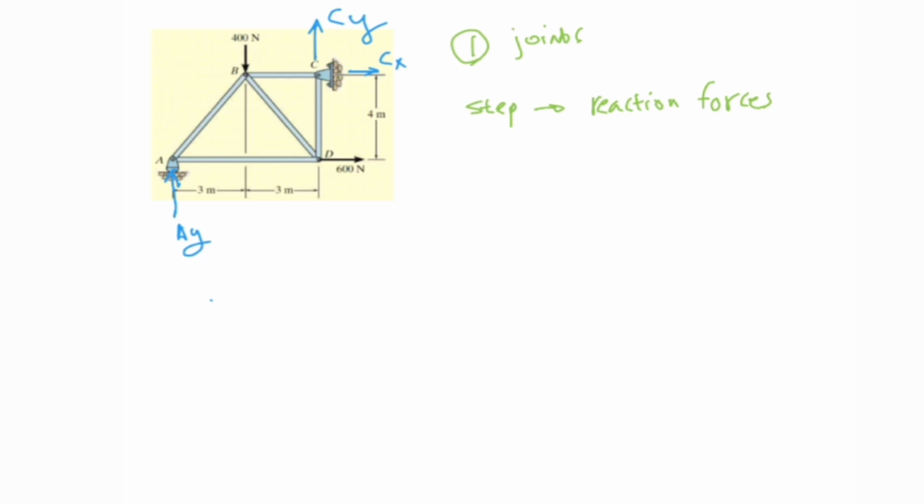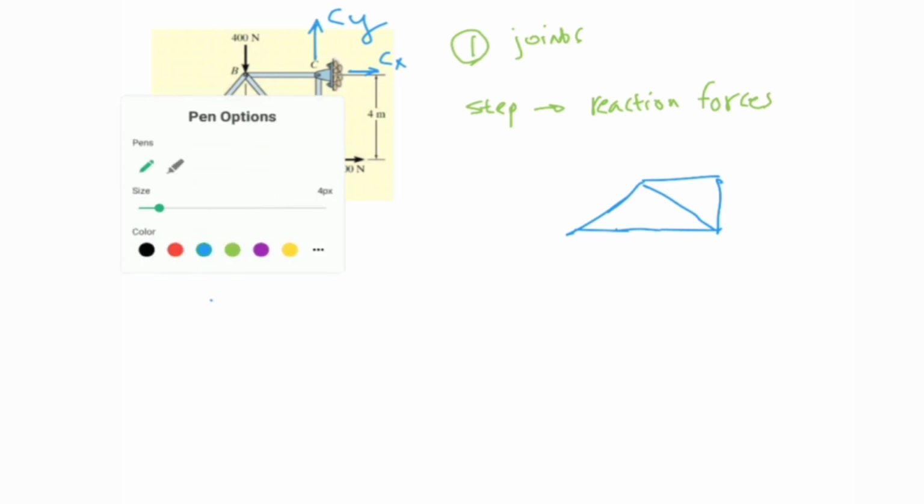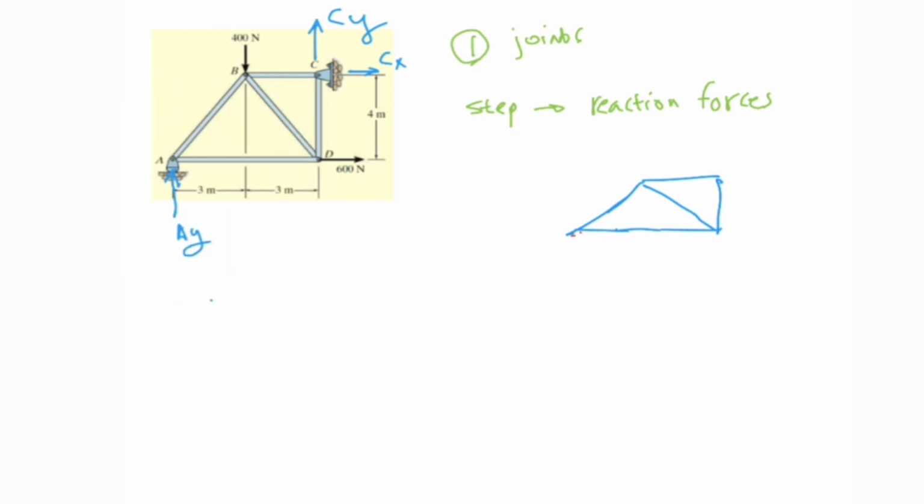Right now, if we do the free body diagram of this structure, it should look like this. You can see that what we have here is Ay, Cx, and Cy, where we are applying 400 newtons here and 600 newtons over here.